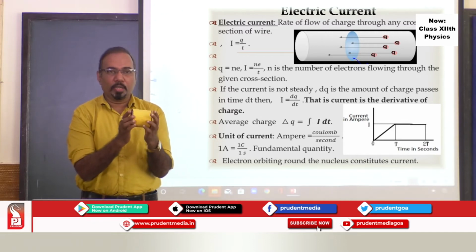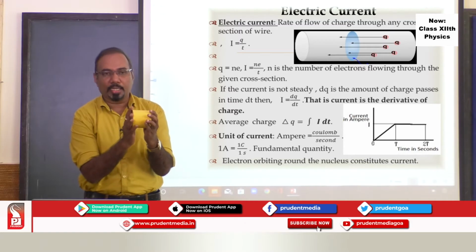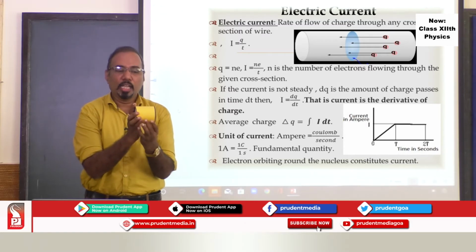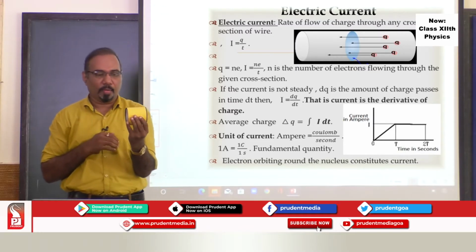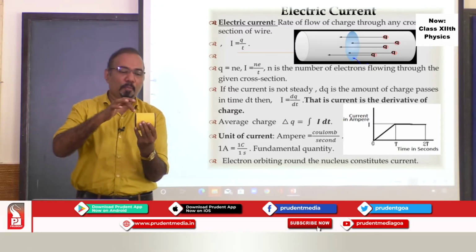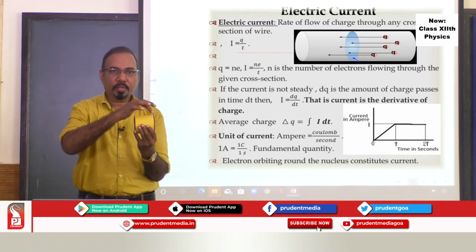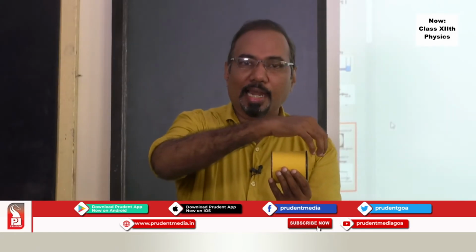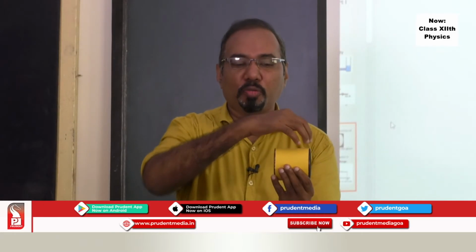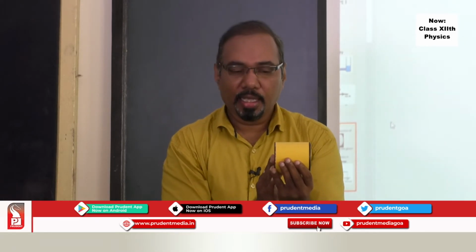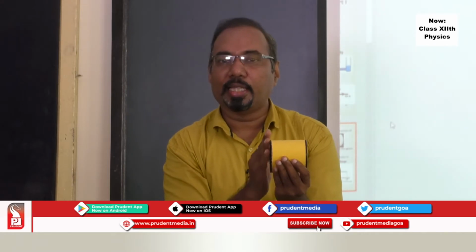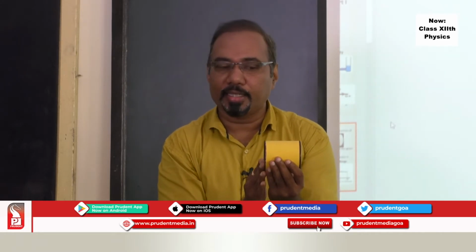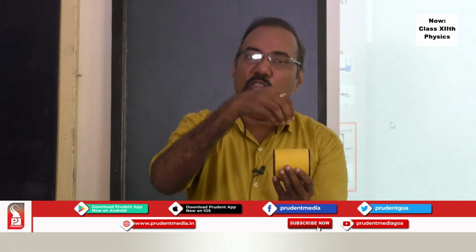Immediately an electric field will be set up in the conductor. The electric field will be directed from positive to negative. So electrons will start moving, and these positive charges will get neutralized. If all the charges are neutralized, that means there won't be any charges left here, and the current will reduce to zero.